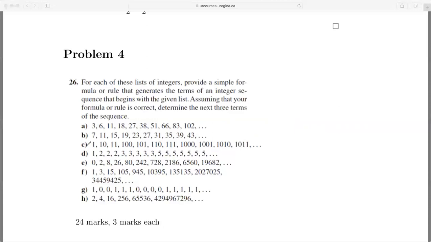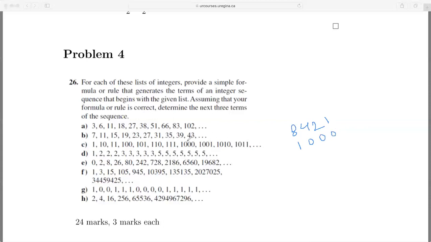Then C. Here, it's actually a binary sequence. I hope you remember 8, 4, 2, 1 to find the binary sequence. Suppose you are trying to find 8. In the position of 8, you will put 1 and in the rest of the positions you will put 0. So that's our 8.